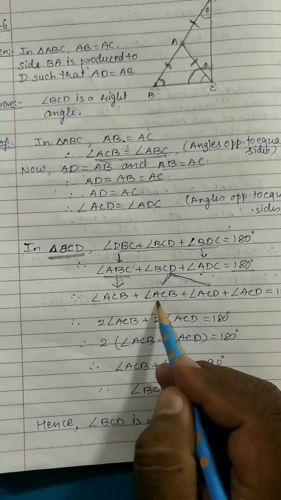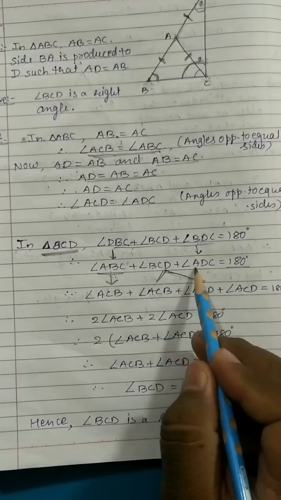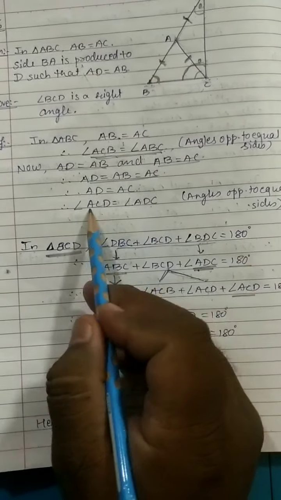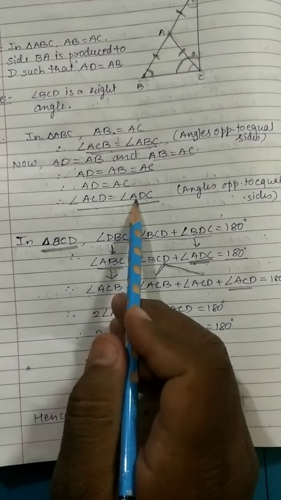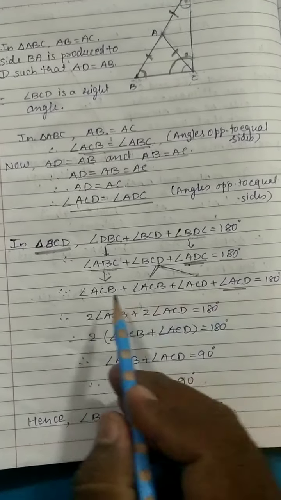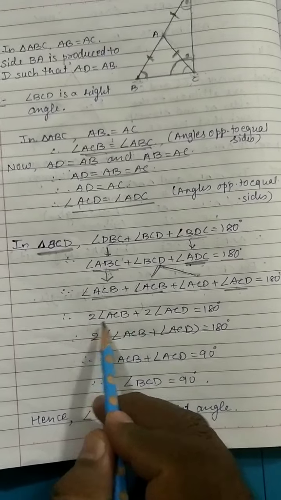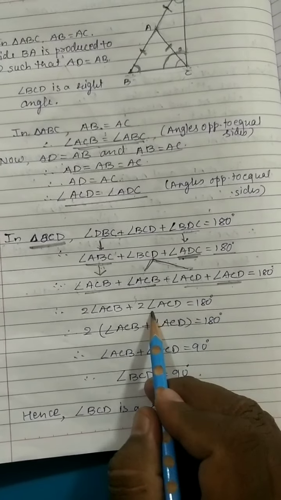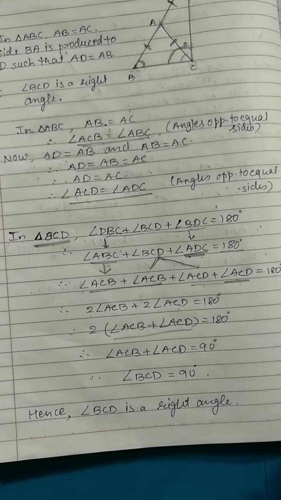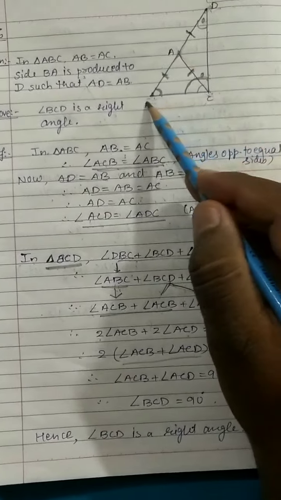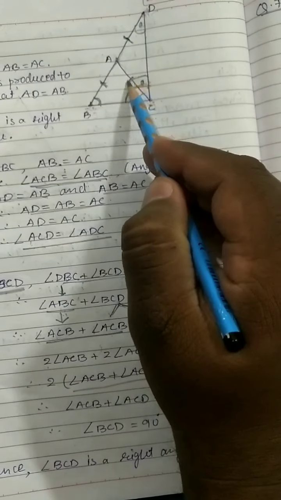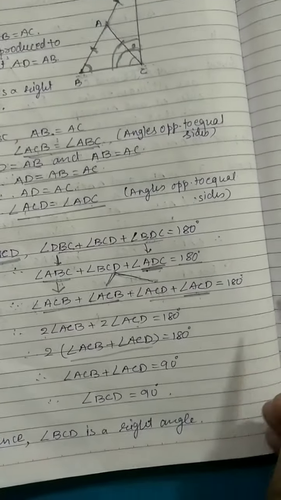Similarly, ACB is here, ACD, and in place of ADC, I have written ACD because I have also proved that ADC is equal to ACD. Add these two times angle ACB and two times angle ACD. Take 2 common. So this is angle ACB plus ACD, and this makes a whole angle BCD again.